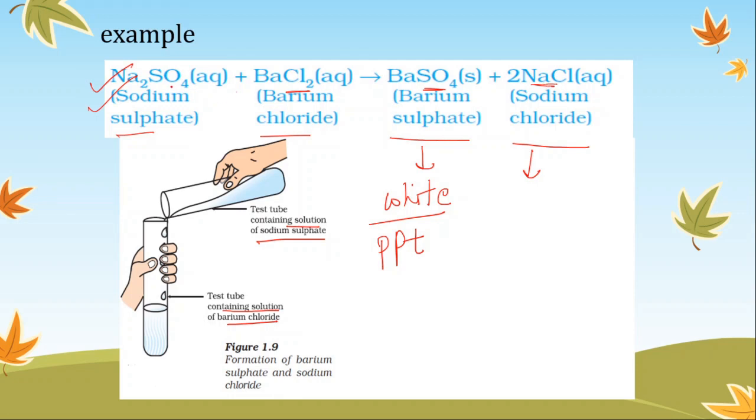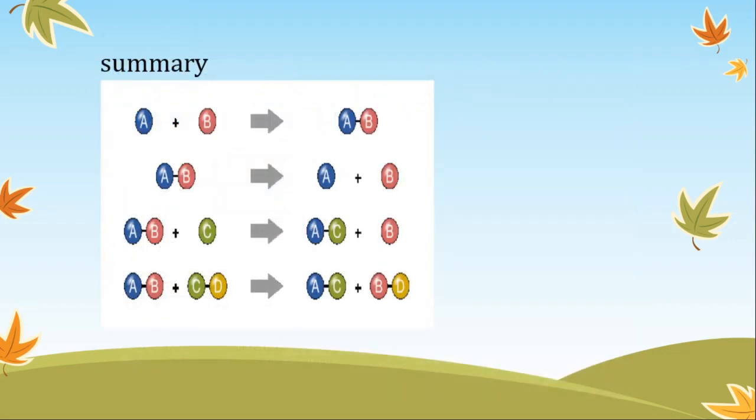Likewise, the sulfate ion earlier was forming a compound with sodium, but in the products it has formed a compound with barium. So that is the reason we can say that there is exchange of ions between the reactants, and this is the example of double displacement reactions.